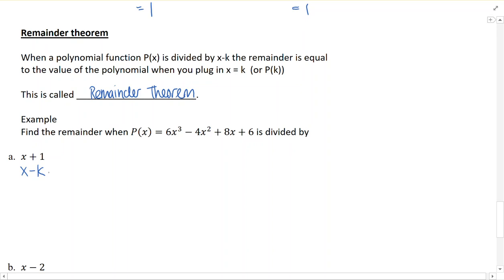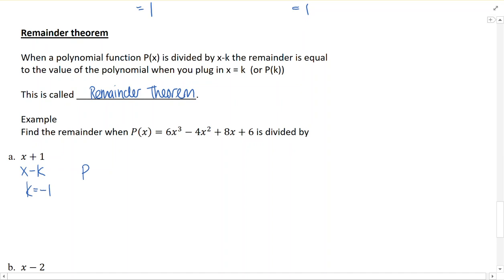Please don't confuse this k with the k we used in transformations earlier. We're not talking about vertical translations here. k is just a letter we happen to use here, not the same k. In this particular case, since you have to take the negative, k is equal to negative 1. So let's just plug it in.